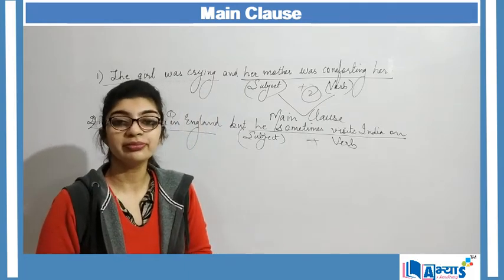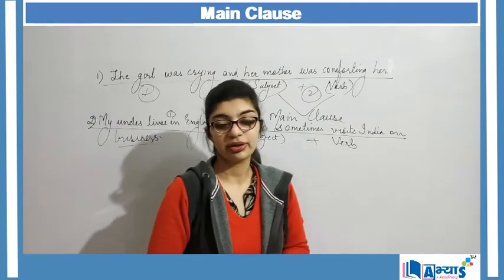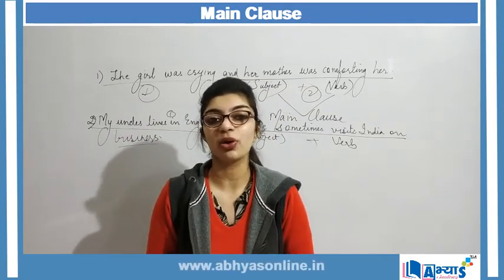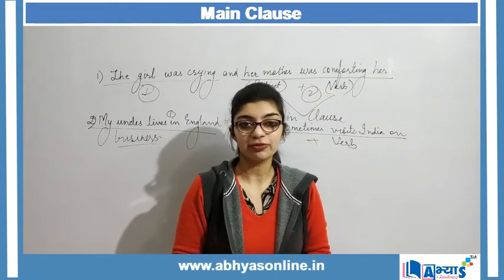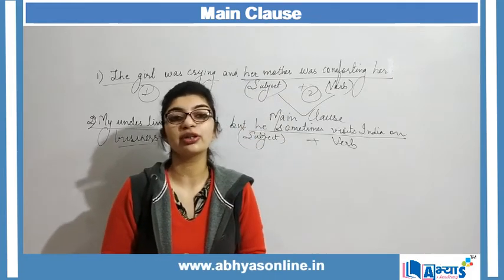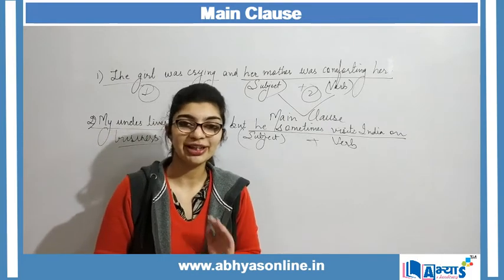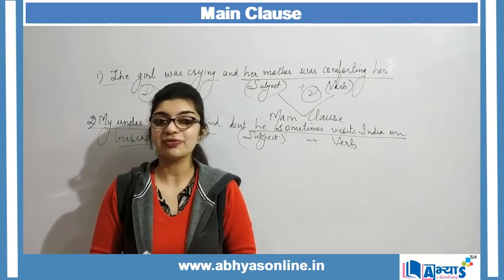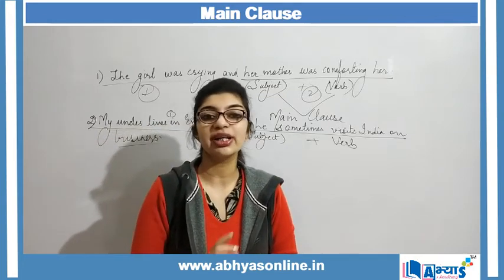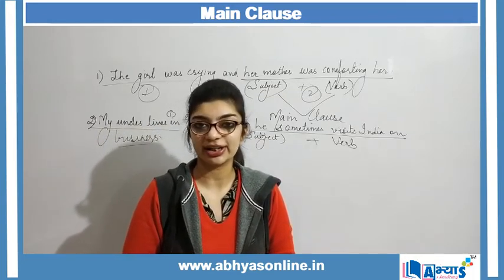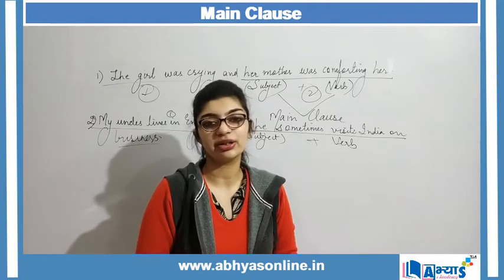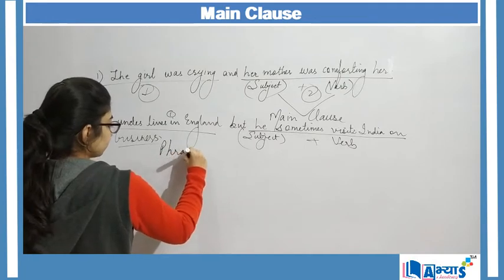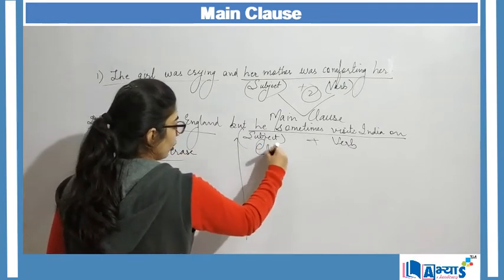Now, often children get confused, or people get confused with phrases and clauses. But do not get confused, focus on the concept. Now, there are many differences between phrases and clauses. The first difference is that a phrase will never contain a subject and a predicate, but a clause will. So, the difference is between a phrase and a clause.